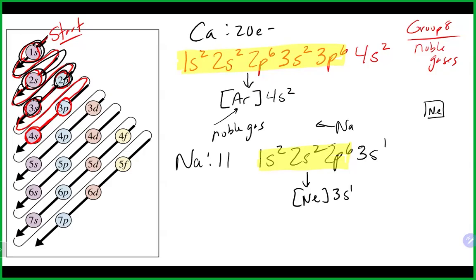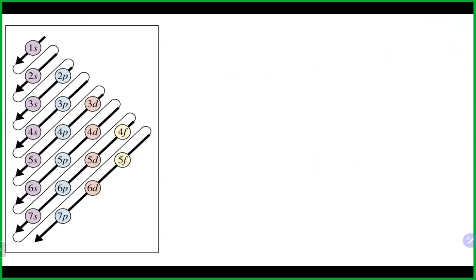Now, let's say you had iron, which is 26. What would the electron configuration be? Okay, let's take a look. Again, going to start up here. We come to our 1s2, zigzag back to 2s2, coming back around here.